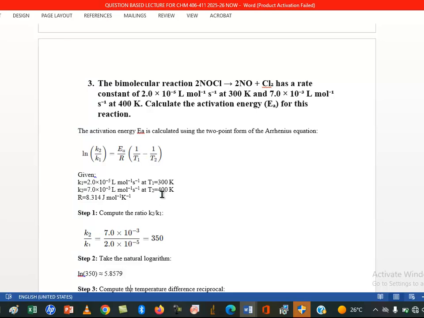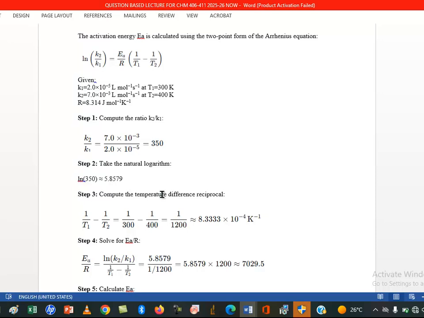So to solve it in a very simple format, you can first of all get your ln K2 over K1. So ln K2 over K1, you start with K2 over K1, you get 350, and then you get the ln, which makes it 5.8579.